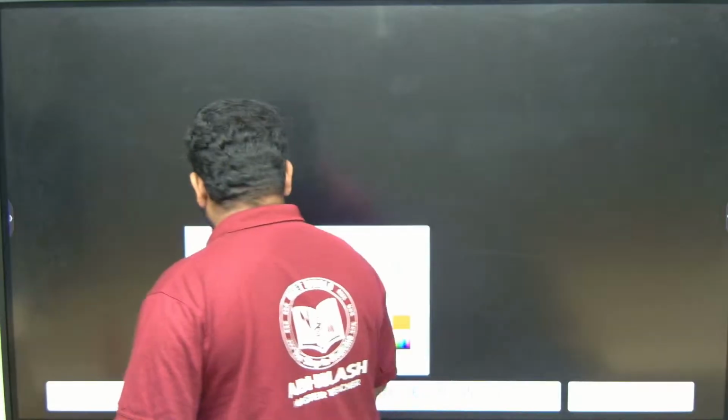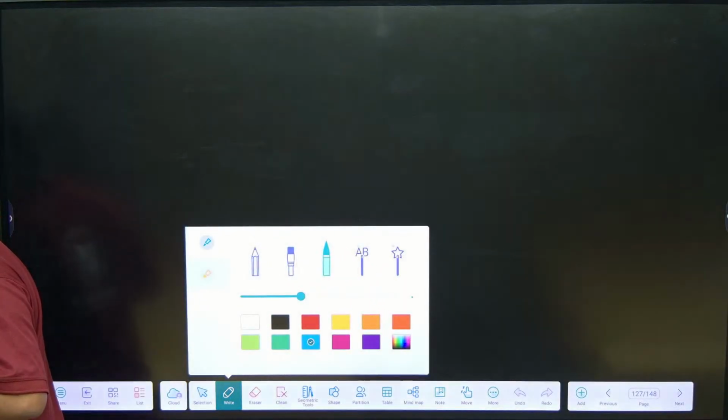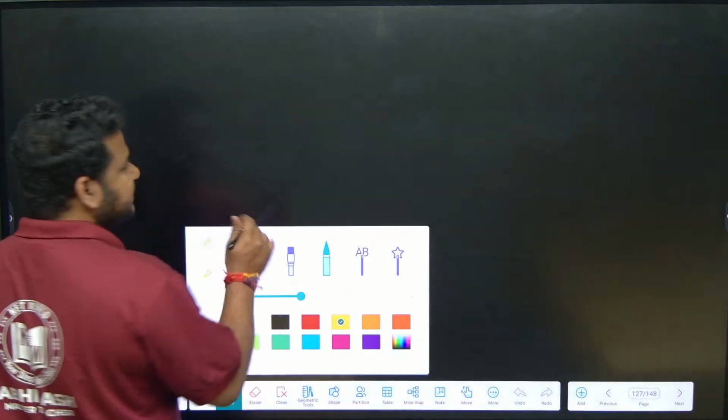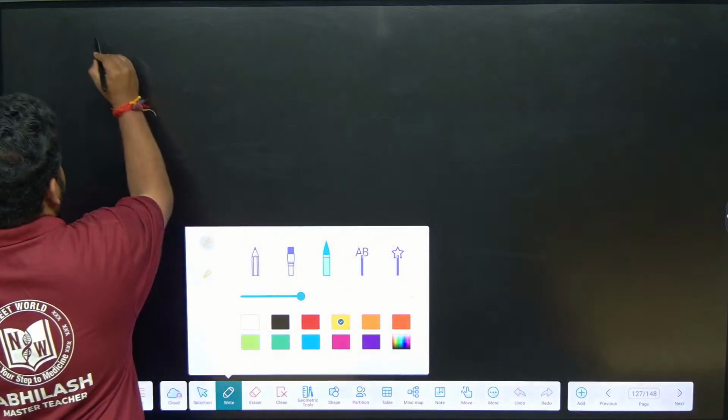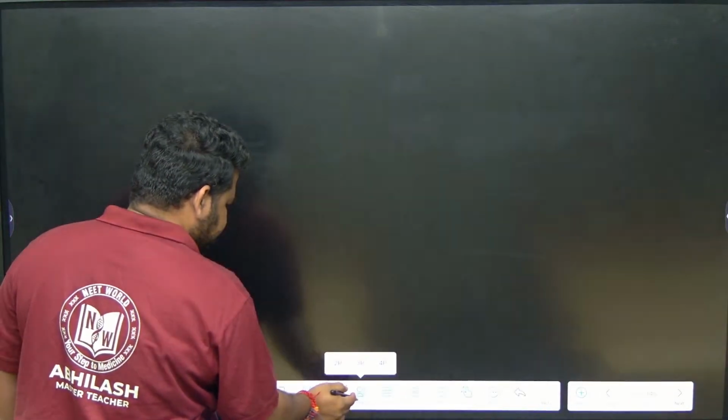Here they would be asking, observe carefully, next is secant x. Let us take secant x. You have to focus.